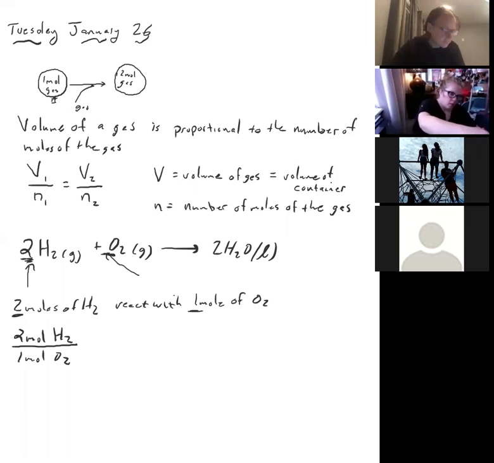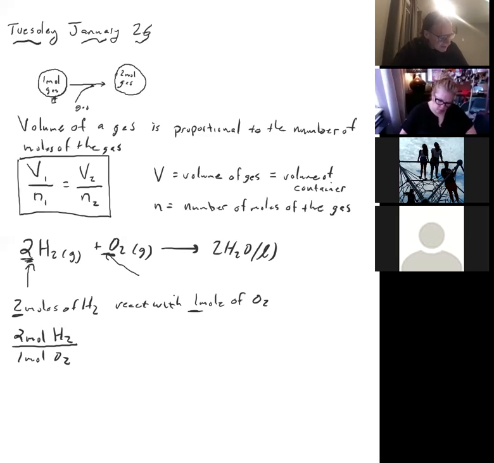Okay. Now, what's significant about that in terms of the properties of gases, since those are gases, is that we can take this relationship here. By the way, this one's called Avogadro's law.